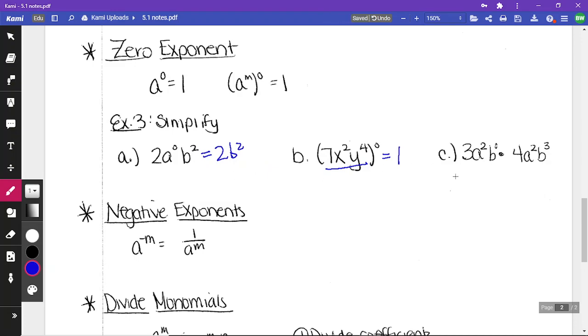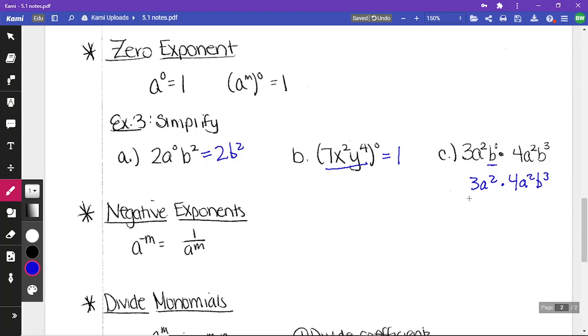Okay, and so the last example, we have 3a squared times b to the 0 power. So this b to the 0 power, that's 1. Okay, so that part is 3a squared. But the 4a squared b cubed is still there. And now we use the rules for multiplying these together.